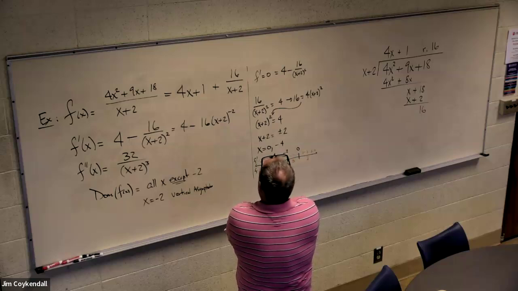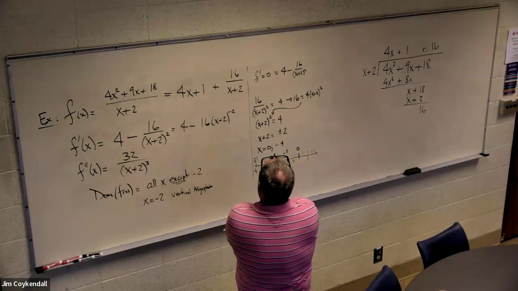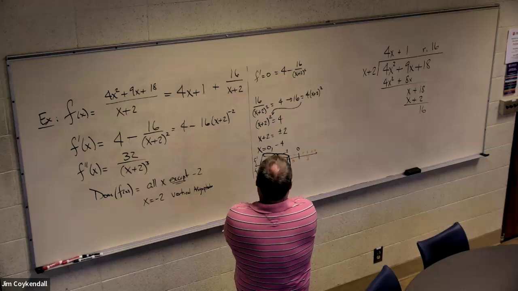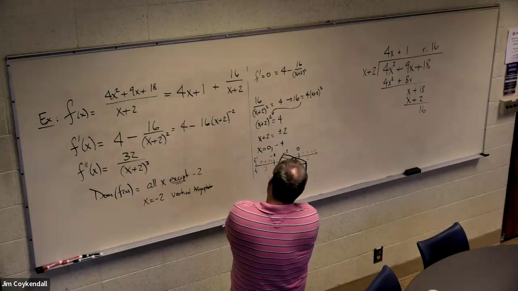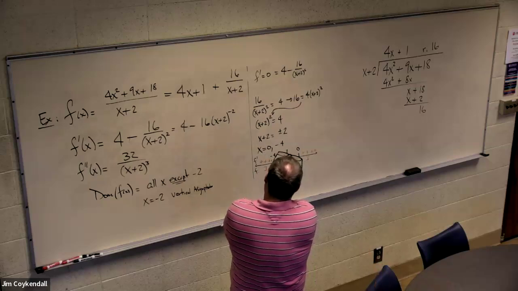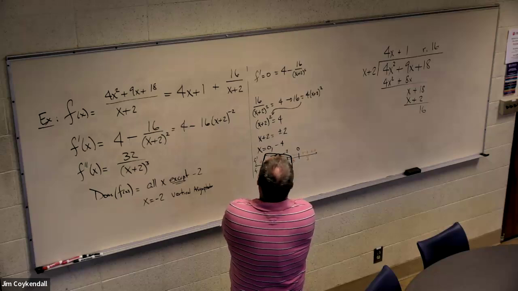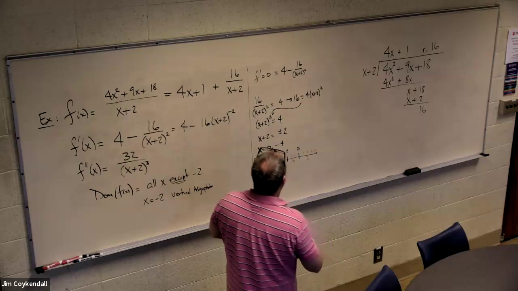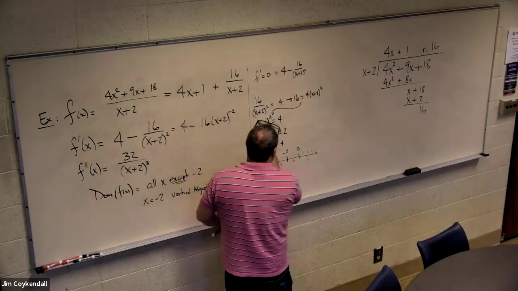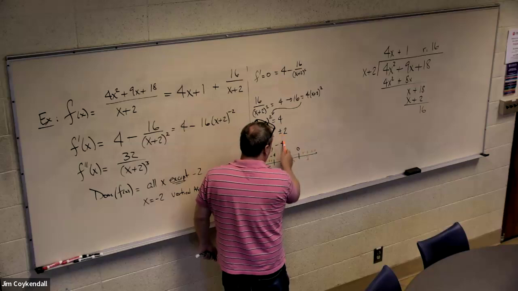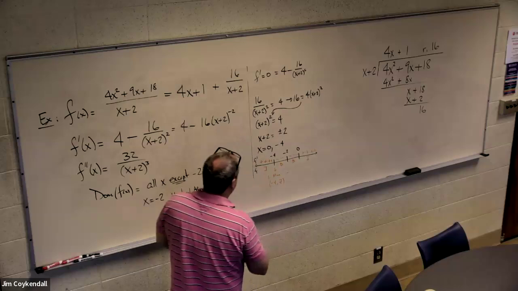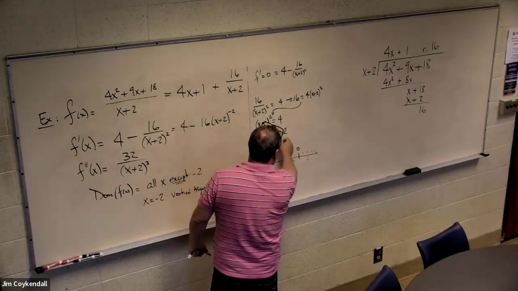Minus 4. Oh, no, there is no positive 2, because what we get is x plus 2 is plus or minus 2. Okay. So it's 2. I took the square root of this, right?